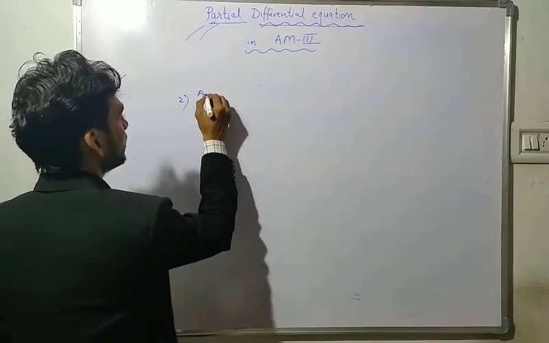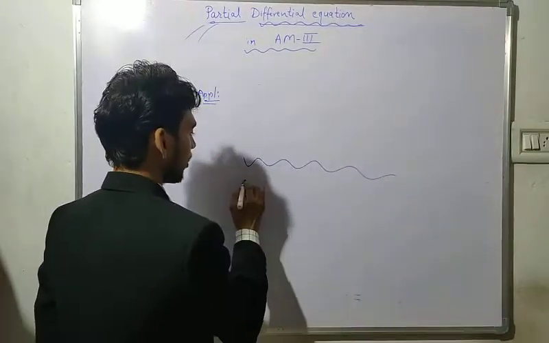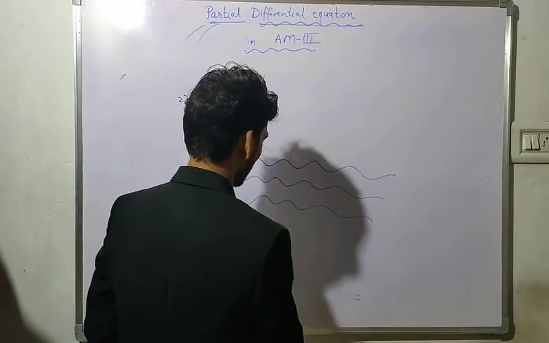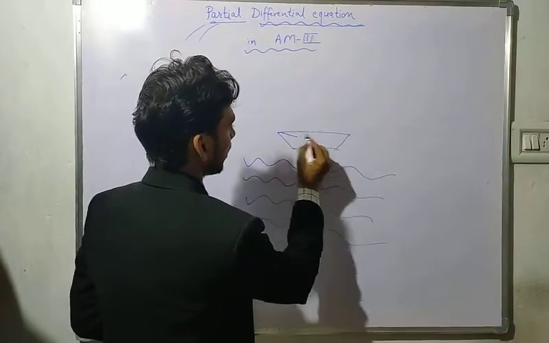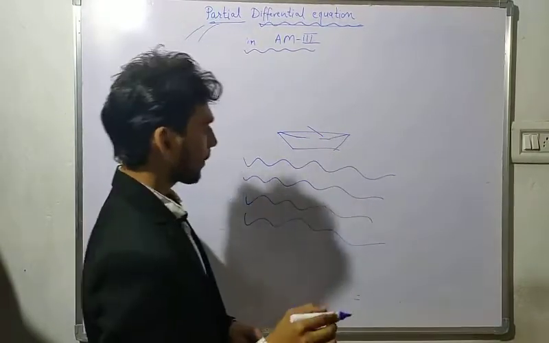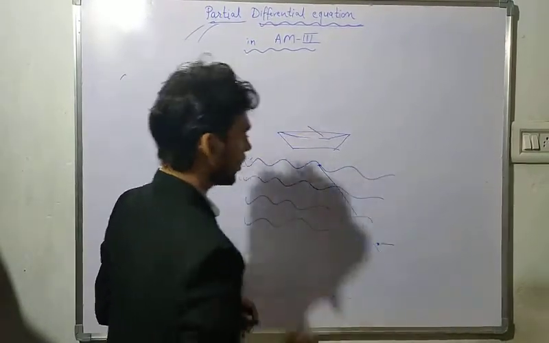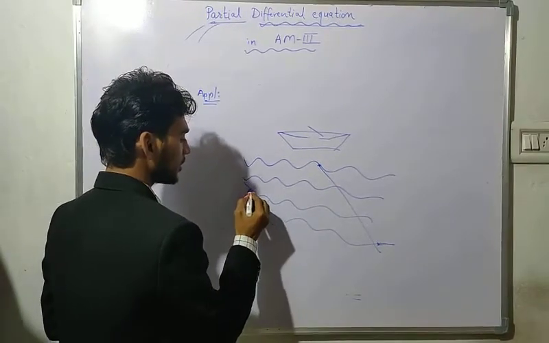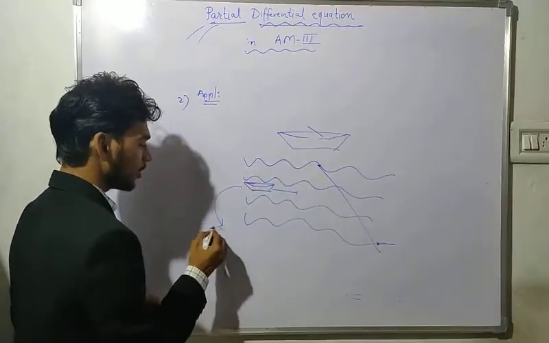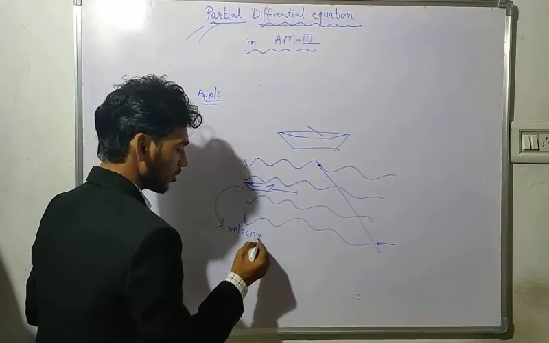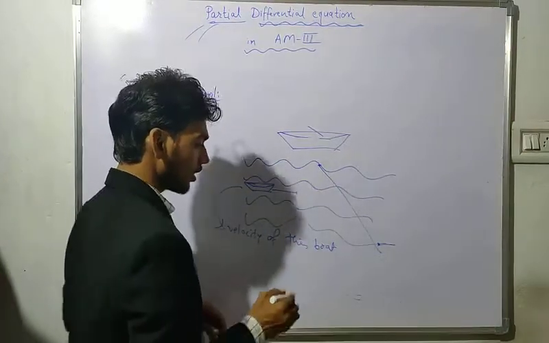Second application: suppose there is some water which is flowing in this way, and this boat has to travel from this point to this point, or if this boat starts from here, then the velocity of this boat depends on different parameters.